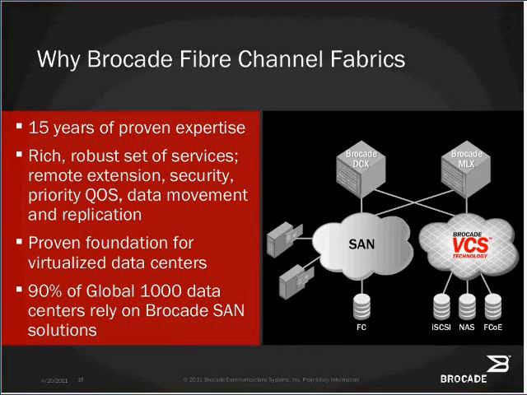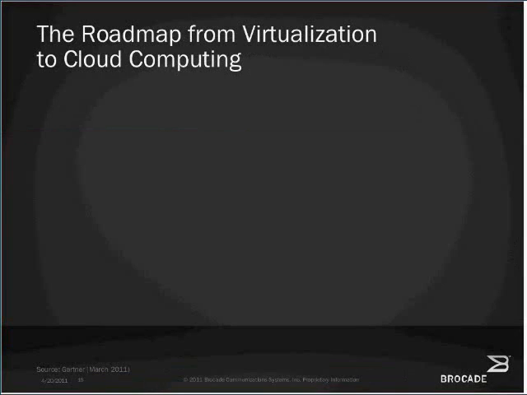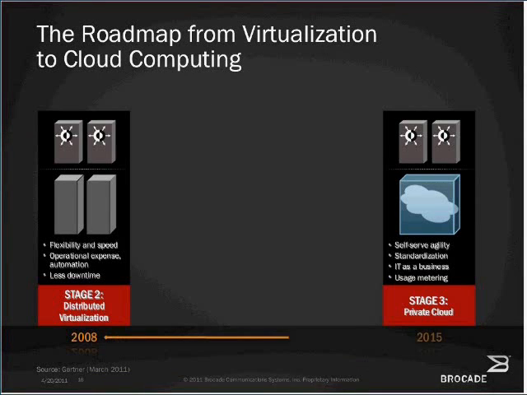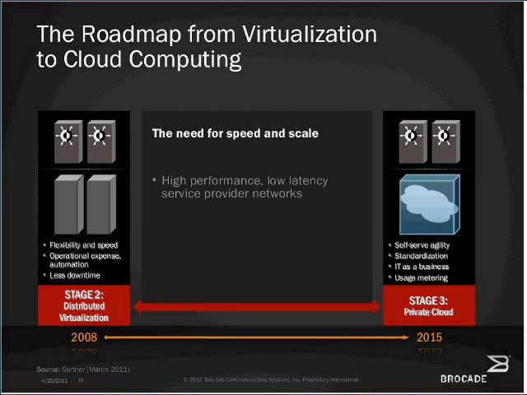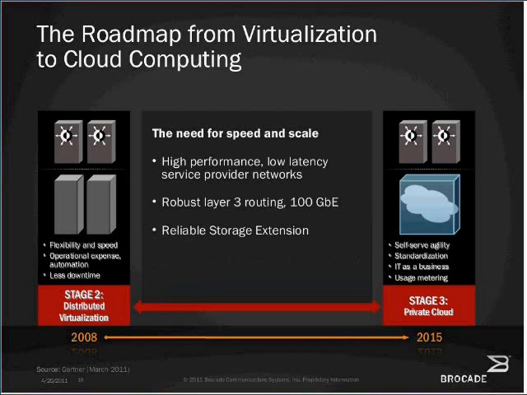So if we come back to the roadmap from virtualization to cloud computing, as you move from a distributed virtualized environment and move to a full public cloud, what you are going to need is very, very high performance, low latency networks.